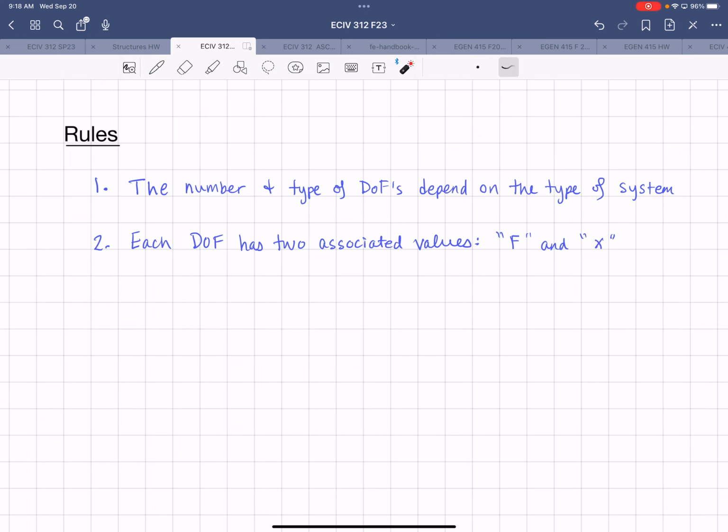So again, that could be an axial force and an axial displacement. It could be a force in the x direction and a displacement in the x direction, or it could be a moment and a rotation, and so on.